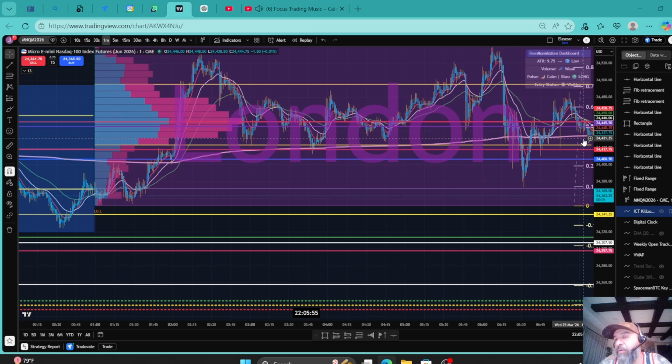Chances are it's going to rotate first, or rotate and then possibly make an expansion, whether it's late in the session or early in the session. That's for us to see, that's for us to determine if that is going to be the case.